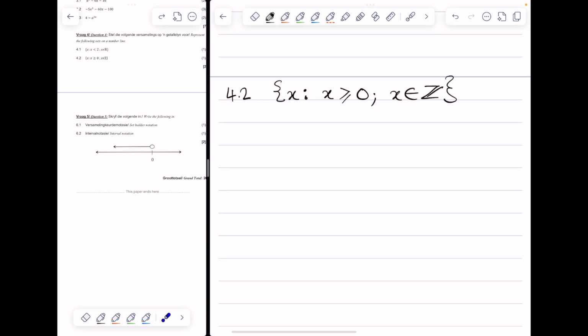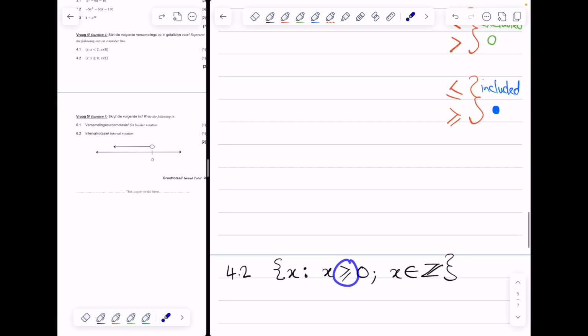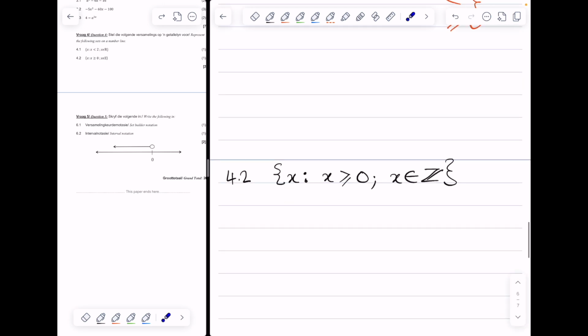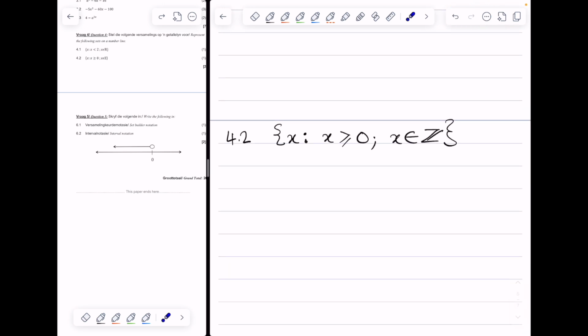In 4.2, we have a set of all values of x such that x is greater than or equal to 0 and x belongs to the family of integers. Our restriction is greater than or equal to, so it's included and you're going to use a closed dot. But now we need to look at what family this is.